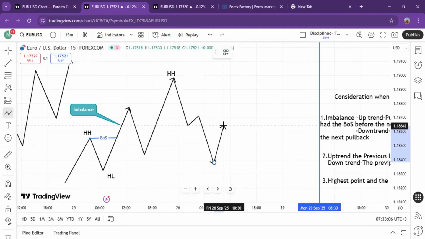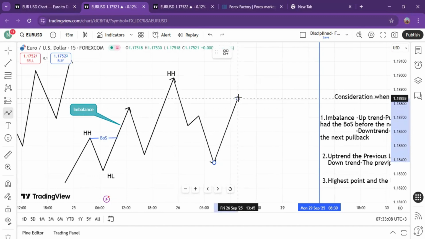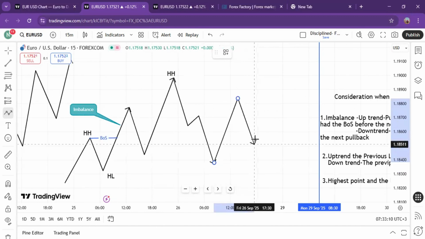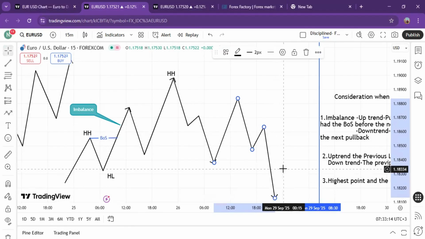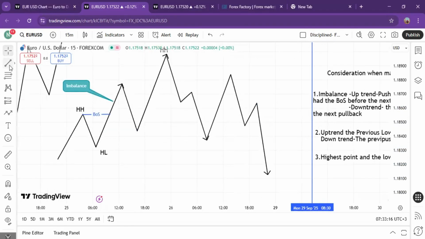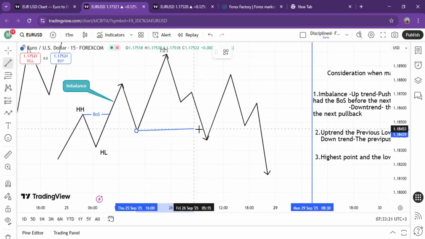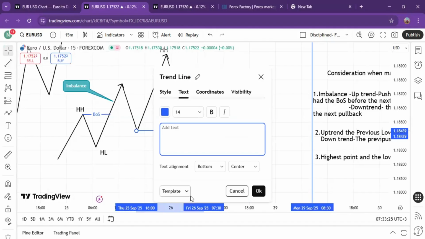Now that's what we refer to as a change of character. So for a valid change of character, we are also going to look at that. So it means that now when this low has been taken out, that was a change of character at that point.